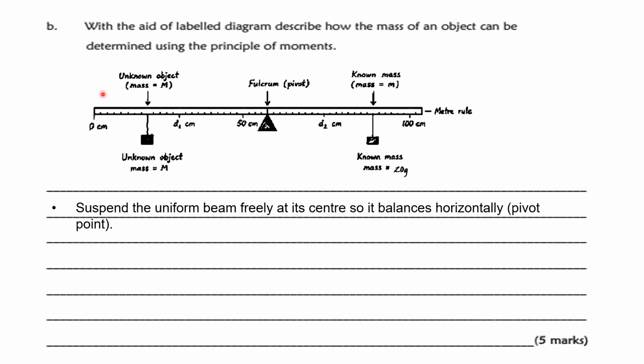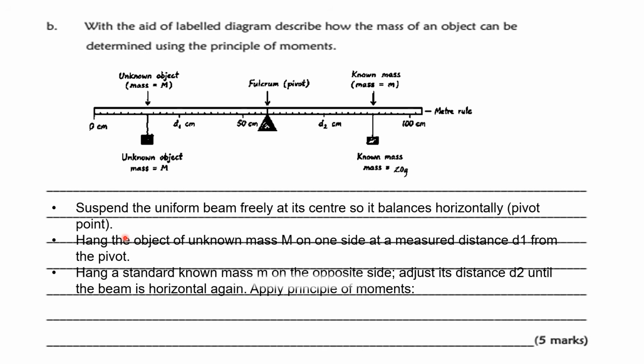This should be horizontal without mass attached to it. Next, you hang an object of unknown mass here on one side at a measured distance d1 from the pivot. So this is d1. You do the same. You hang a standard mass, m, on the opposite side.